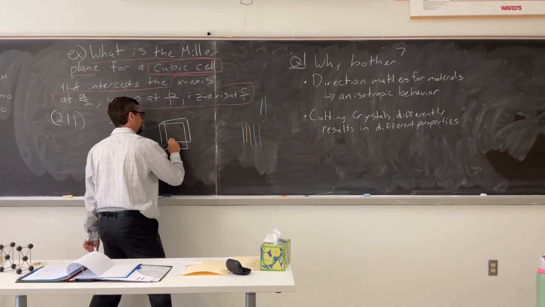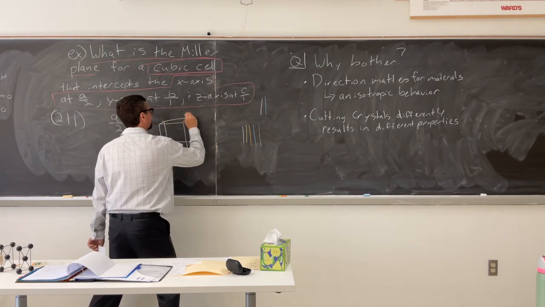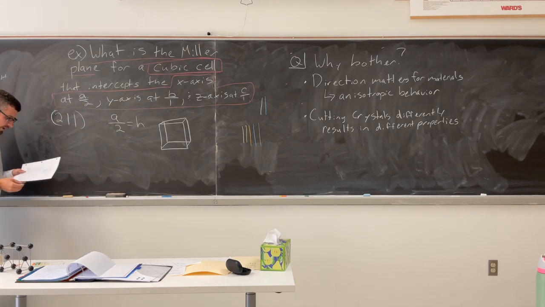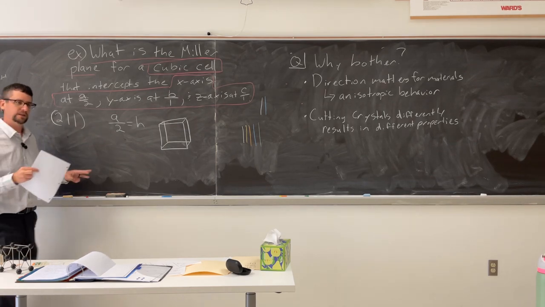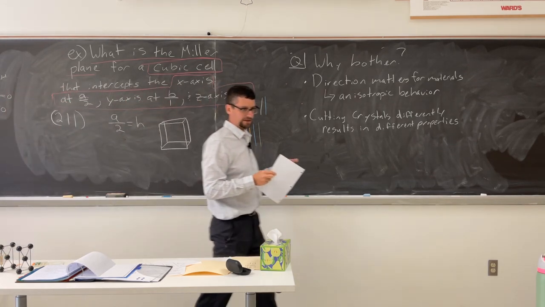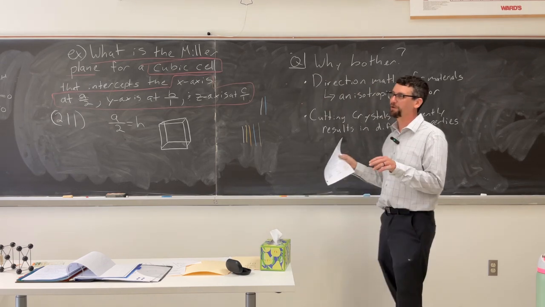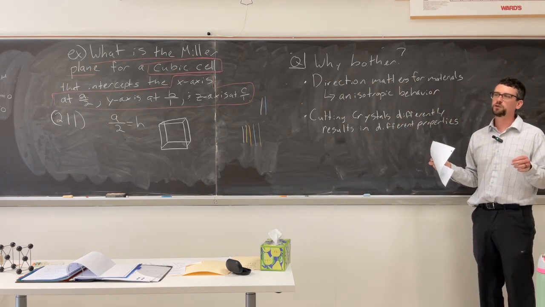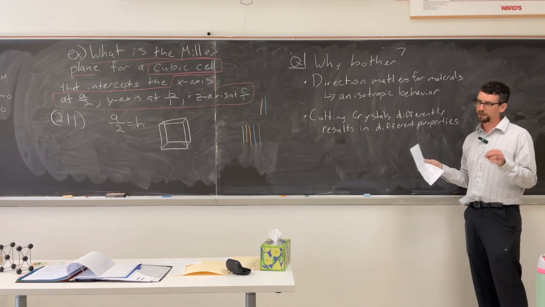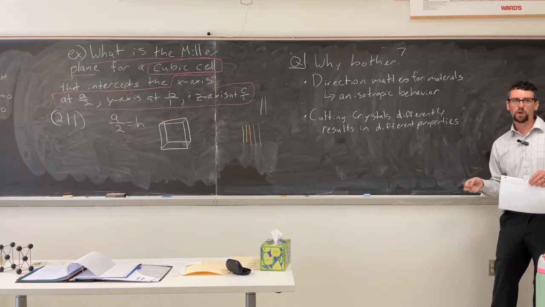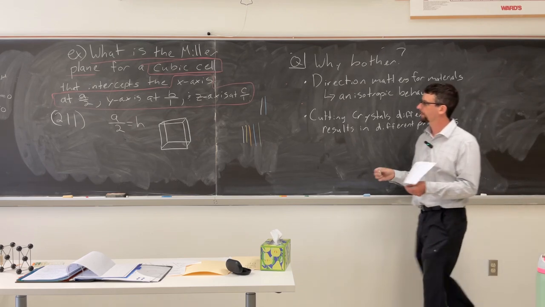Let's draw our unit cell. You want to give some depth to this thing. The first thing we want to do is indicate the points of the intercept. I have seen some of your drawings, and I know my drawings. You need to first clearly indicate the points where you're intercepting the x, y, and z.